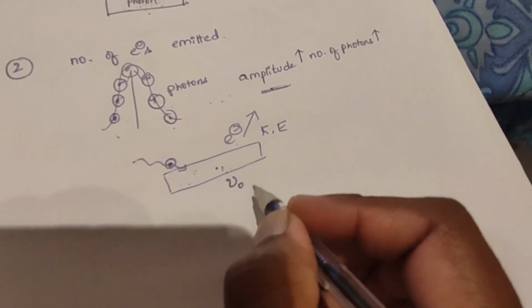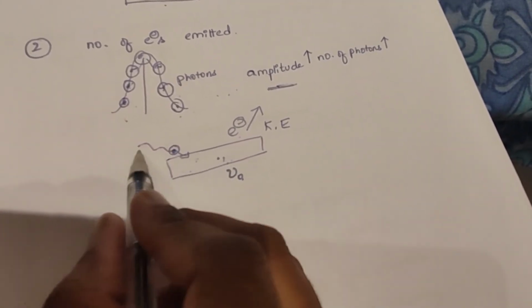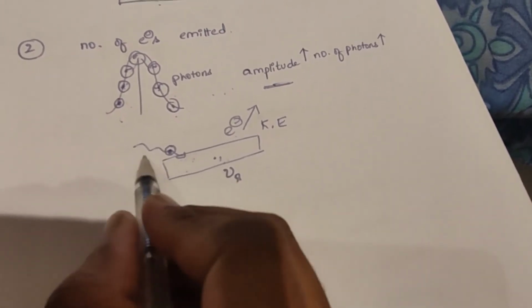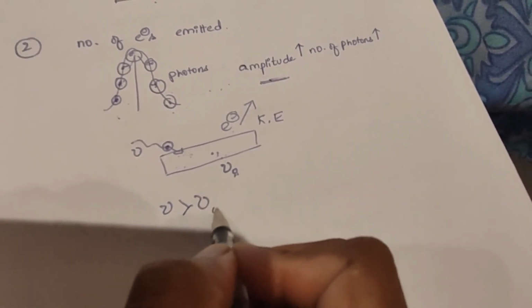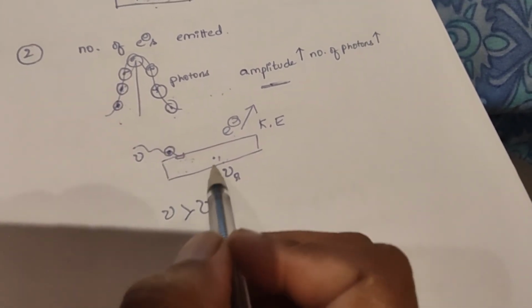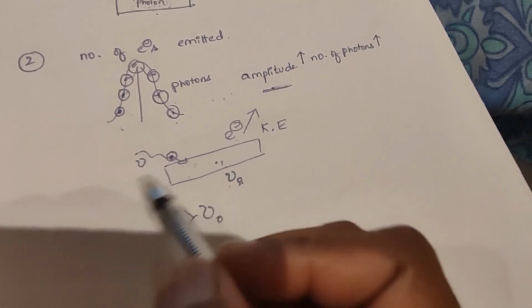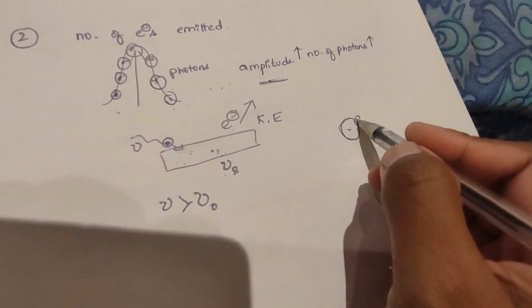And the frequency of light incident on it must be greater than the threshold frequency. So here the metal will have certain energy, means if we consider the atom, the electrons are held in their position.